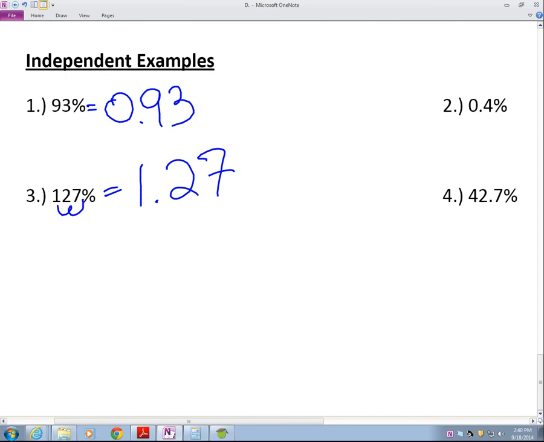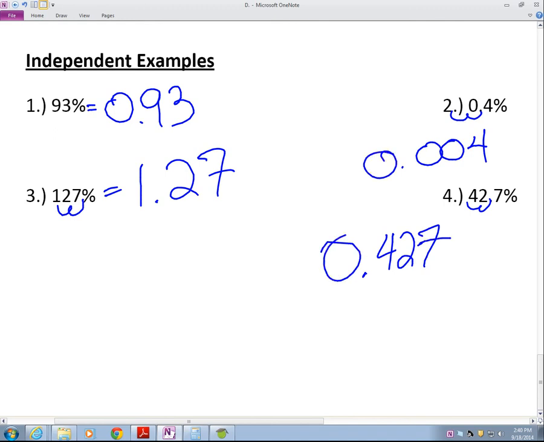Over here, move it over to 0.004%, which is 0.00004. Then we have this, which comes to 0.00427. Any questions on that? Okay.